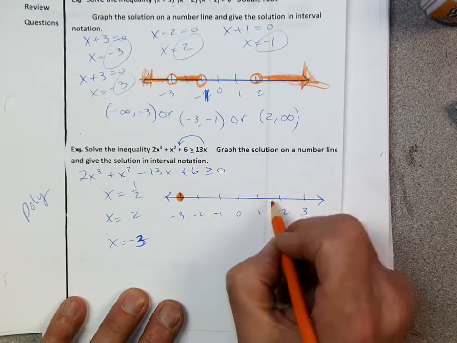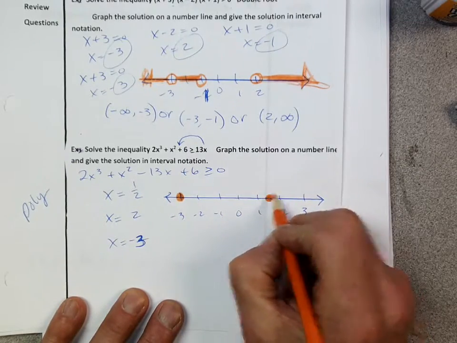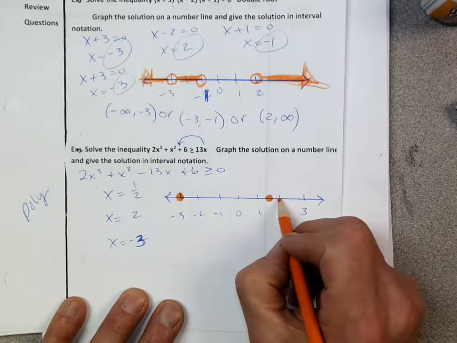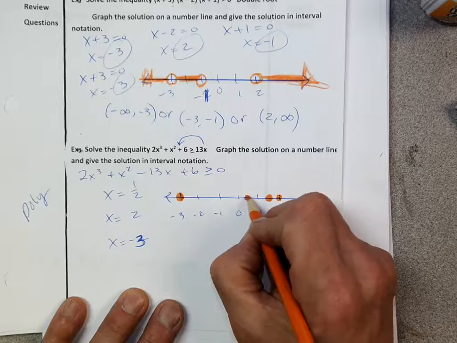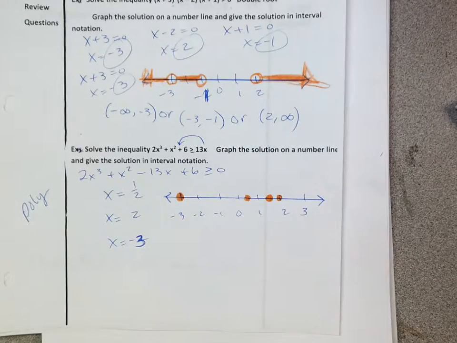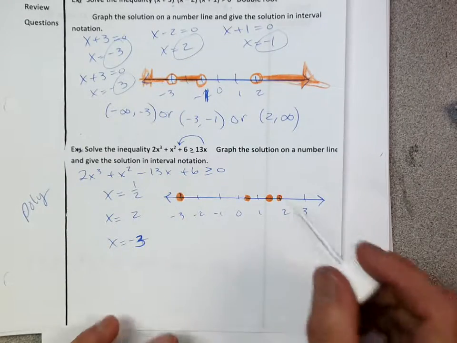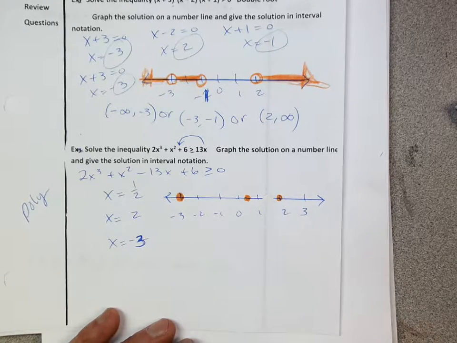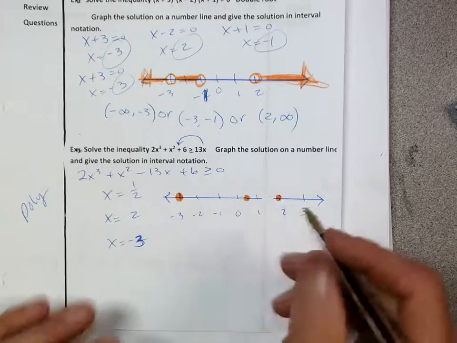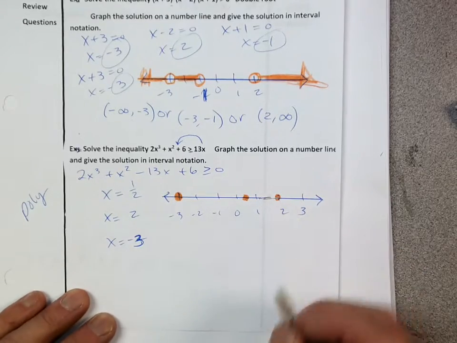Let's put a solid dot at 1/2. And let's put a solid dot at 2. Oh, my 1/2's in the wrong place. Darn it. Good thing I have whiteout because I make mistakes all the time. It's all good though. There you go. Fix that.